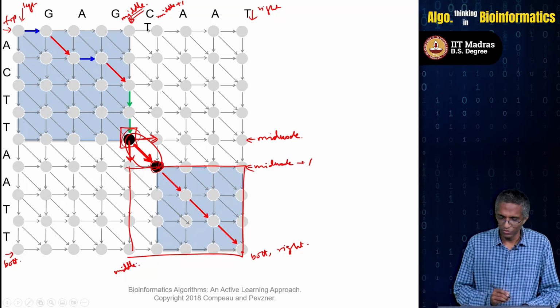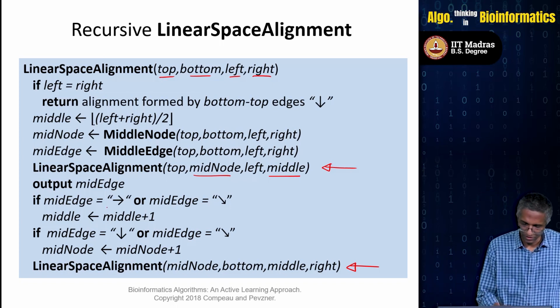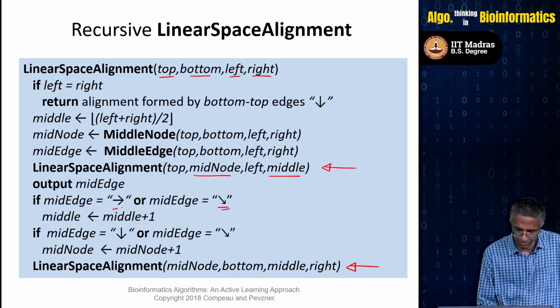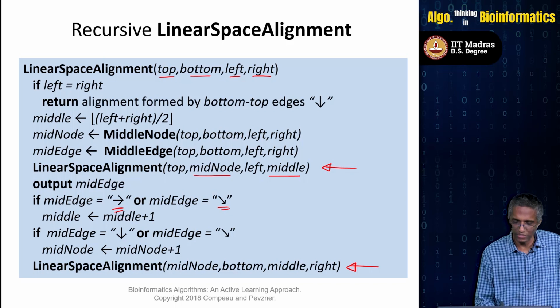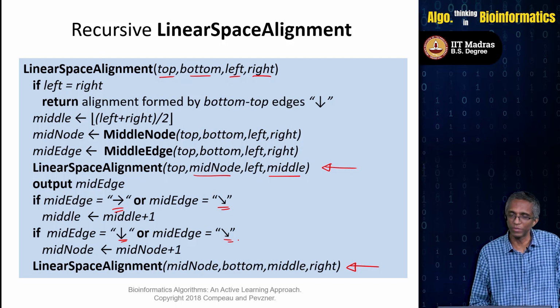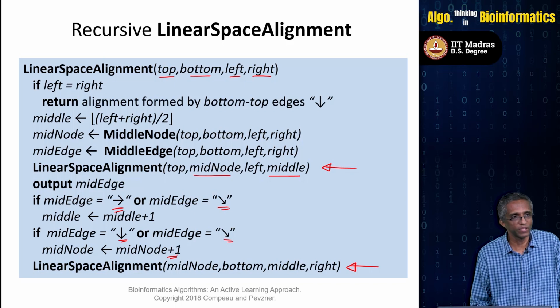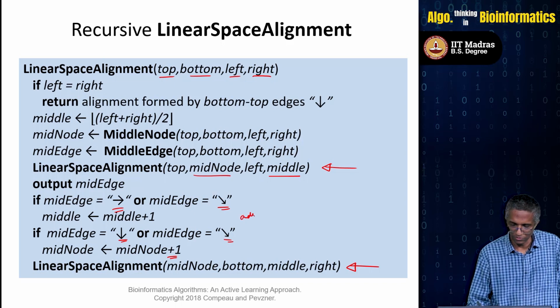Okay, so all of this logic is captured in here. If the edge is diagonal or going right, then the column is advanced, middle becomes middle plus 1. If it is a downward arrow or a diagonal arrow, that is the best middle edge, then the row is advanced, middle node plus 1. So this is advancing the column, and this is advancing the row.